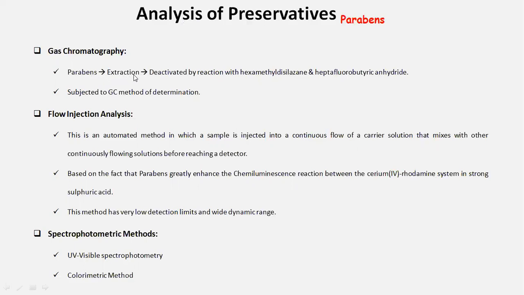Once the parabens are extracted, they will be deactivated by reaction with hexamethyl disilazane and heptafluorobutyric anhydride. Once the deactivation is completed, which is nothing but derivatization, it should then be subjected to the gas chromatography method for determination.